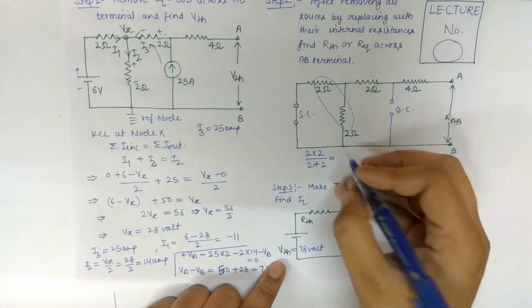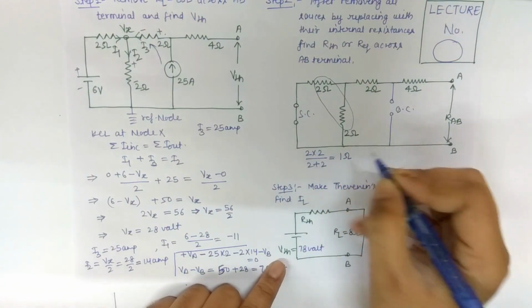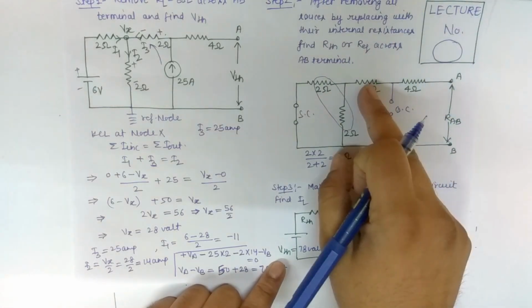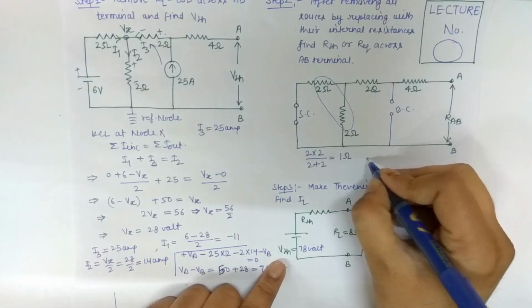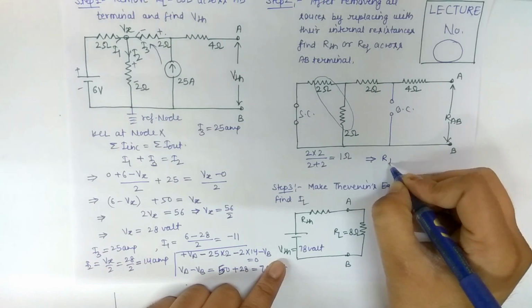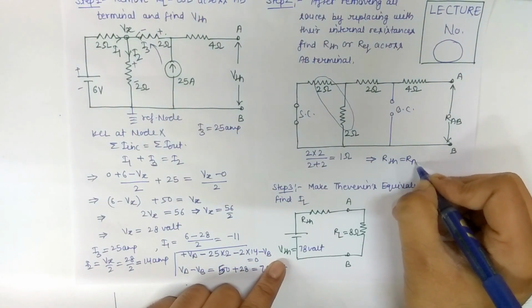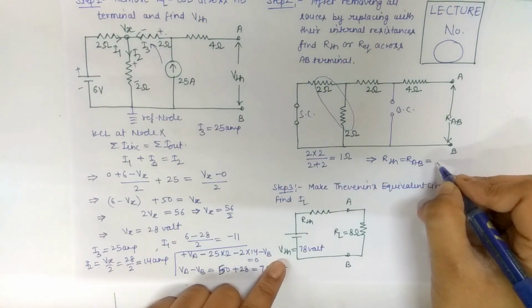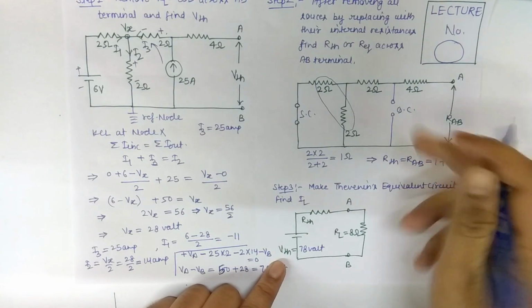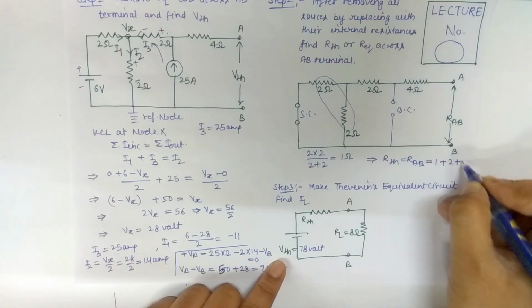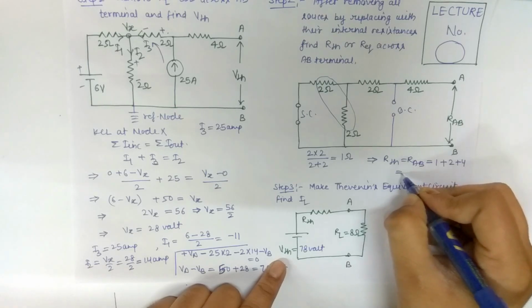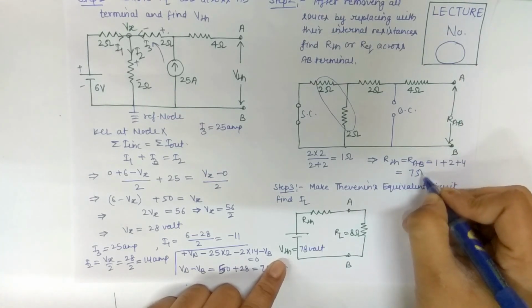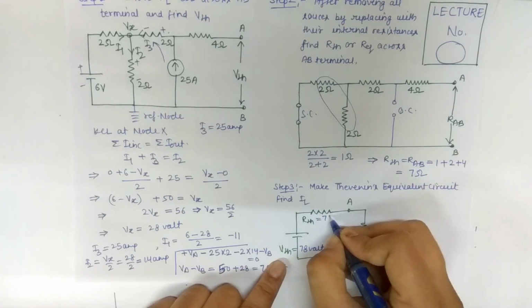So it comes to 4 upon 4, that is 1 ohm. Now this 1 ohm, this 2 ohm and this 4 ohm are in series. So RTH, that is RAB, is equal to 1 plus 2 plus 4. So it comes to 7 ohm.